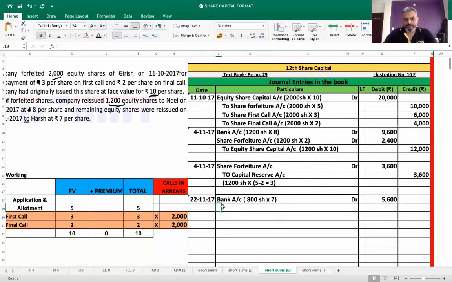Now 10 rupees ka share we reissued at rupees 7. So 3 rupees is the discount which goes from share forfeiture account debit.